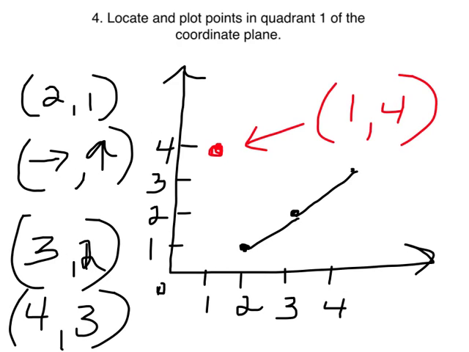The last learning target. Solving real-world problems. What they're going to be doing with this is from a set of data. They're going to be explaining how they can use the pattern to find certain things. So let's say they're talking about the time of months and the cost in dollars. They may say in 1 month, how much did it cost for a phone plan, a cell phone plan?